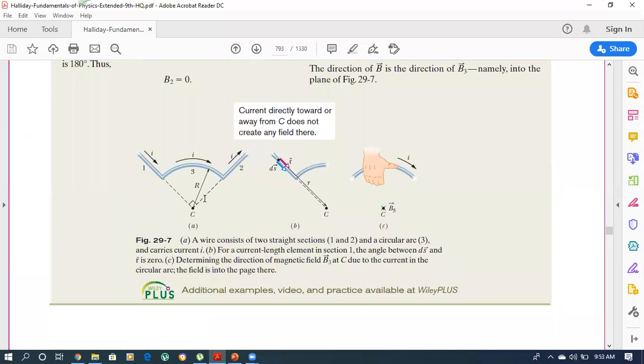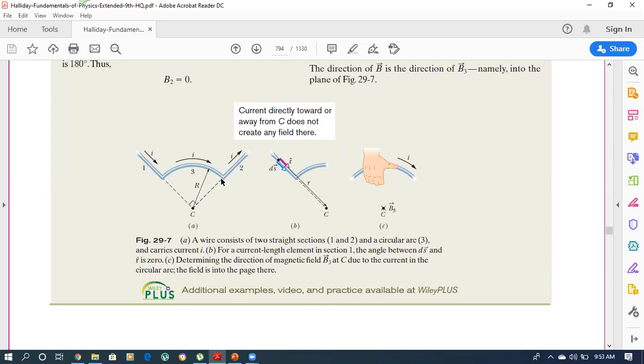From this diagram you can determine it, because according to this diagram the angle subtended by this portion and this portion is 90 degrees. That is why we are taking it from this point. So the angle is pi by 2, exactly according to this right triangle.